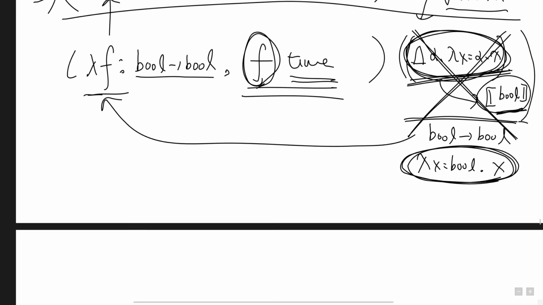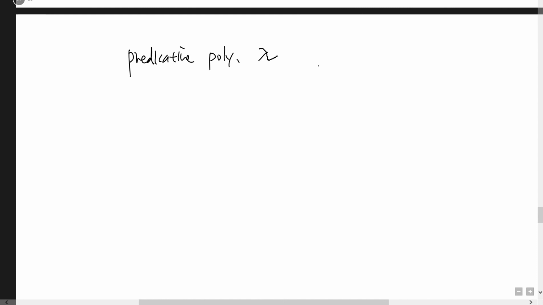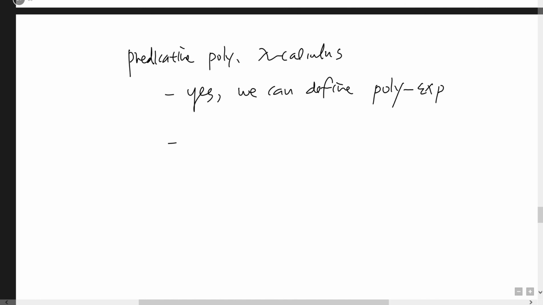So the bottom line is, in the case of predicative polymorphic lambda calculus, the problem is, yes, we can define polymorphic expressions of polymorphic types, that is, expressions with polymorphic types.